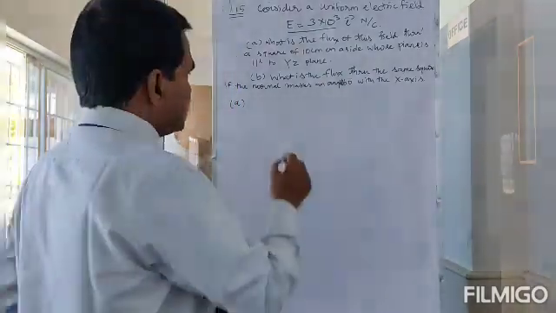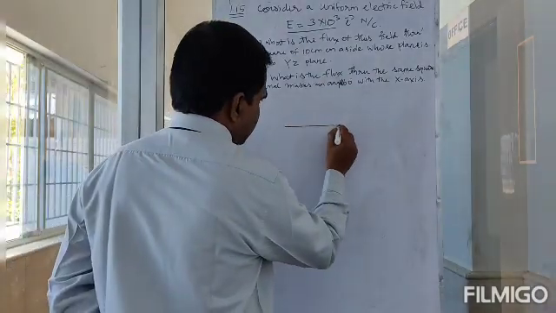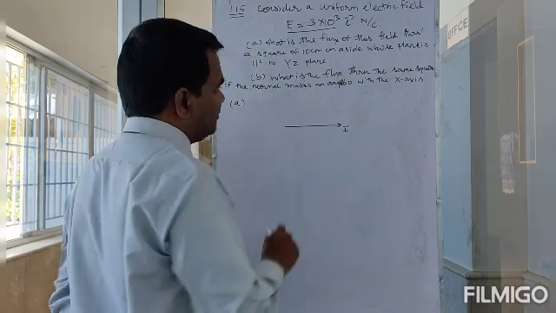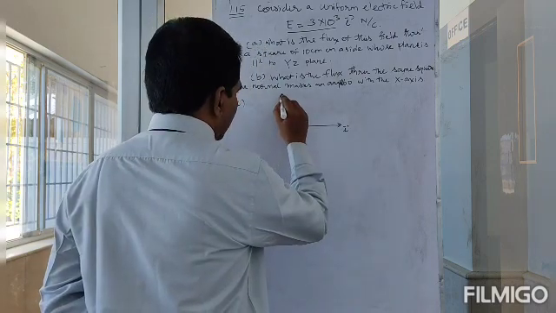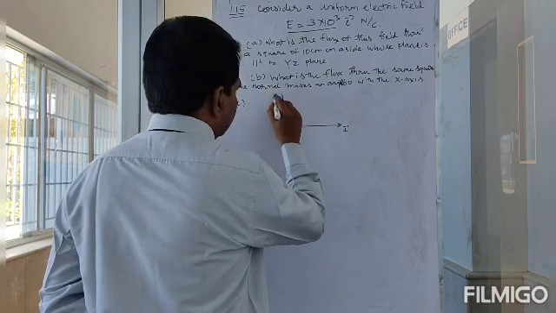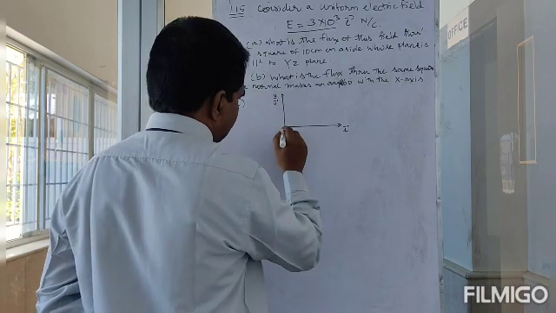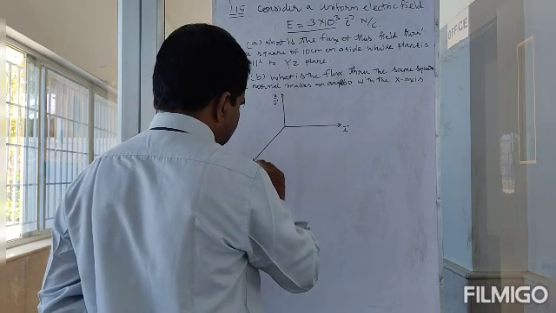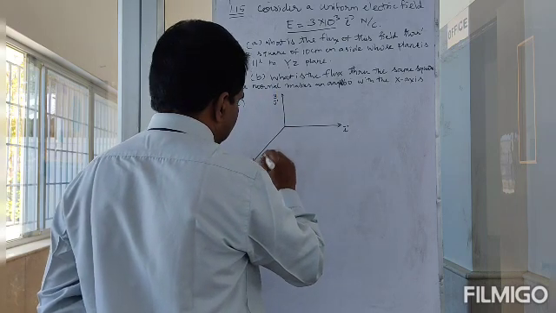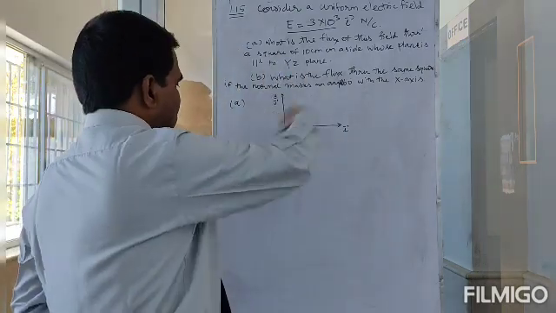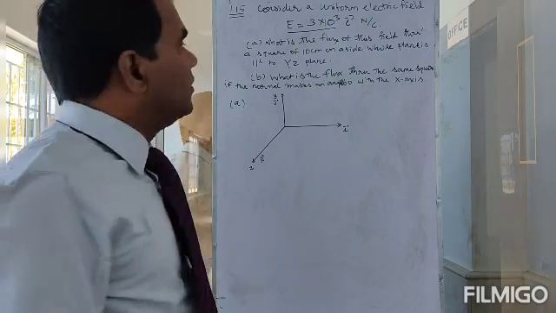So if I take this to be the x-axis, okay, this is x, then i is in this direction, right? Now this must be my y, so I have j vector in this direction. So this must be my z, then I must have k vector in this direction. There is positive i, positive j, and then positive k.